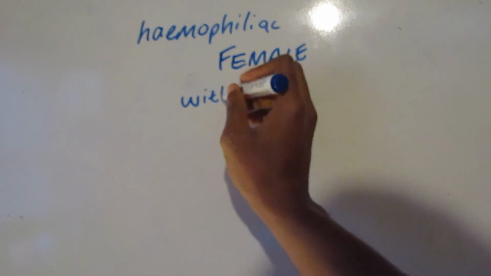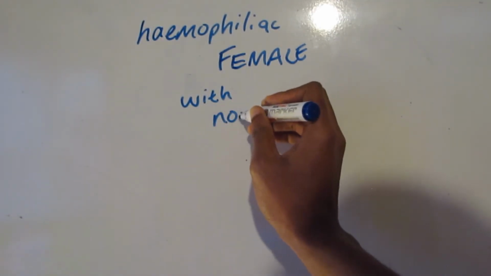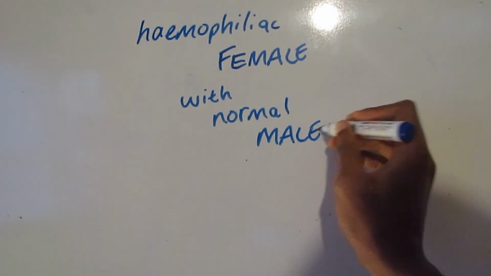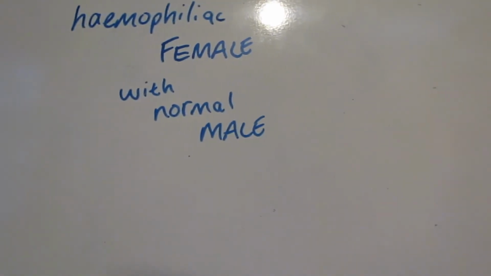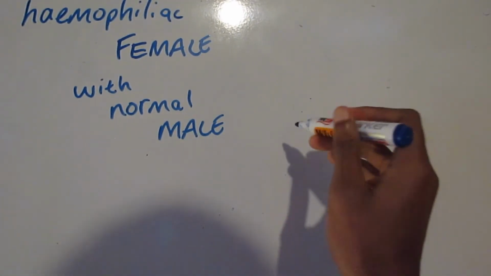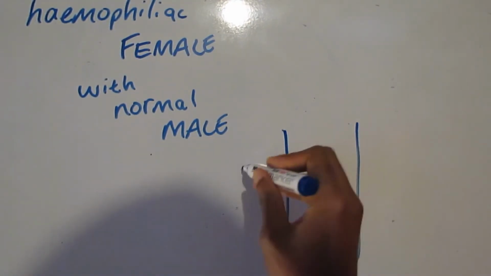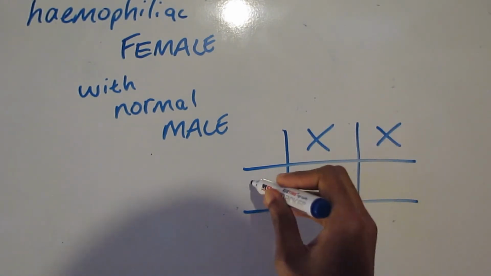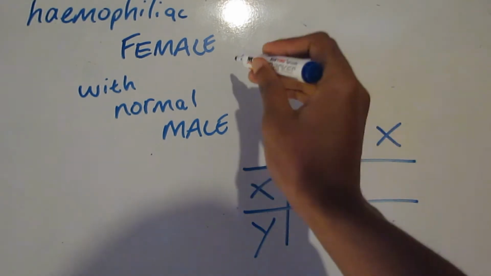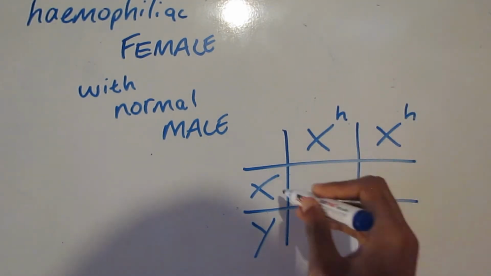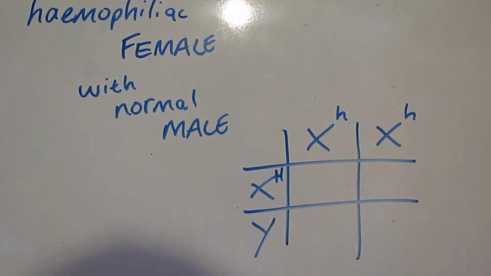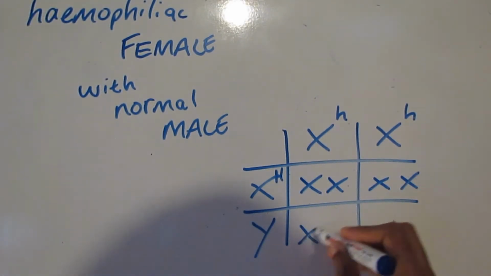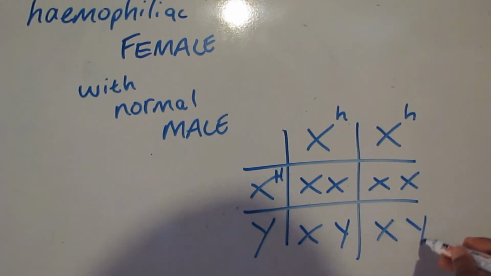Now let's take another scenario. This time we have a hemophiliac female and we're crossing that with a normal male. Using our Punnett squares again, we should now see a different ratio. Now we can see that in this scenario, our females are unaffected but carriers, but all the males are suffering from hemophilia.